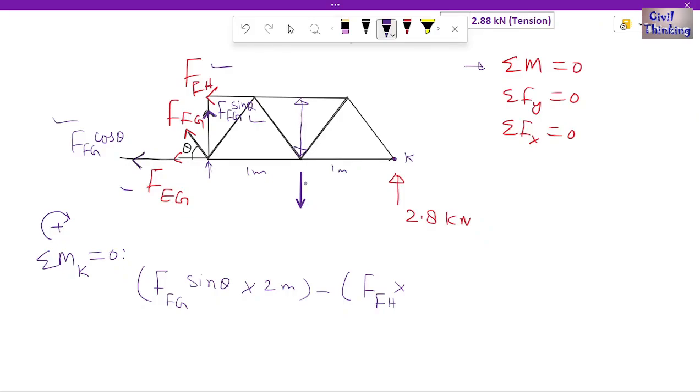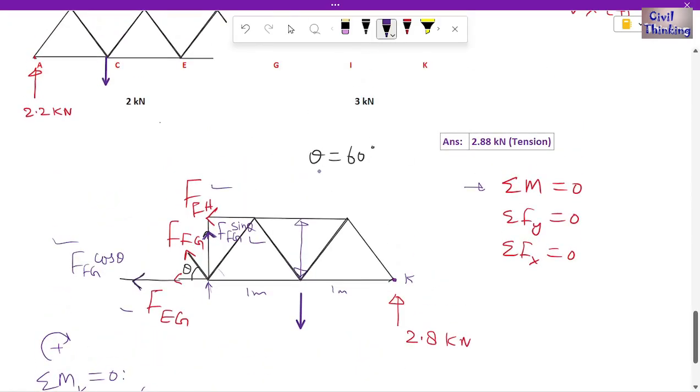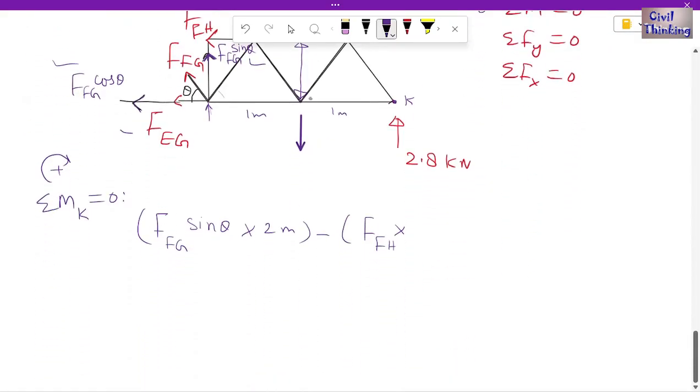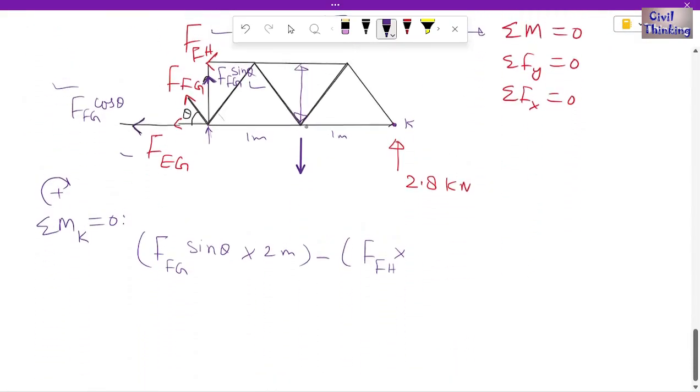Now this total angle is 60 degrees, because this is theta, this is also theta, every angle is 60 degrees, as we found before. Because this is 60 degrees, half of it, this angle, is 30 degrees.